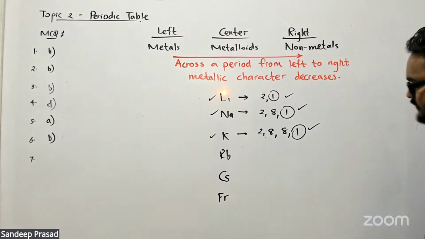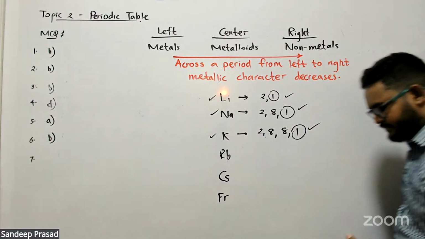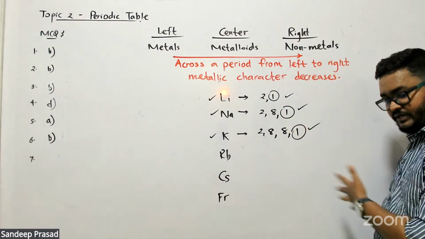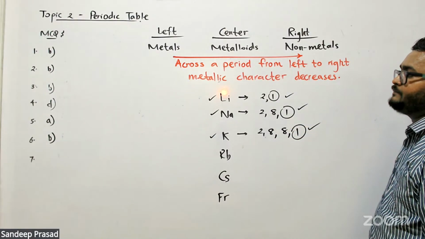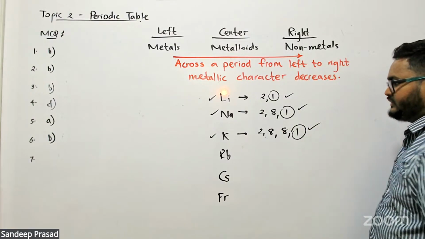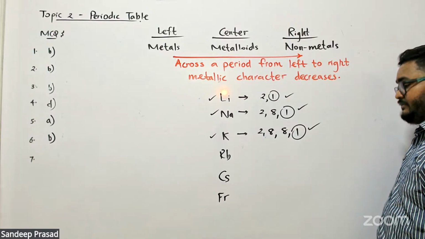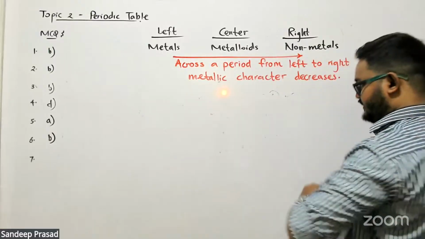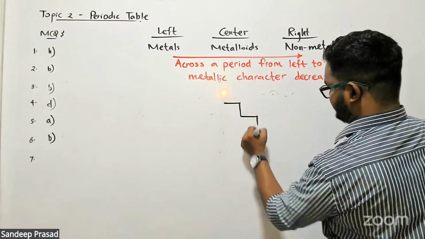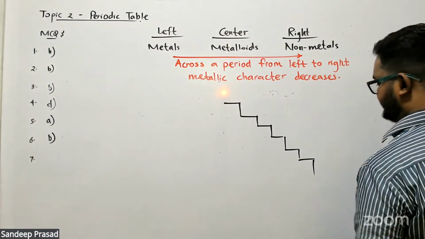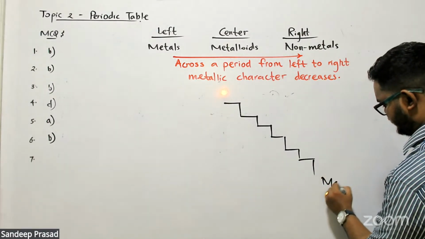Because students, we can't say that. Sometimes you might think that all the elements in the periodic table after that staircase, on the right side, are non-metals. No, the staircase is going like this in the periodic table. Even in the non-metal side, the bottom element is a metal.